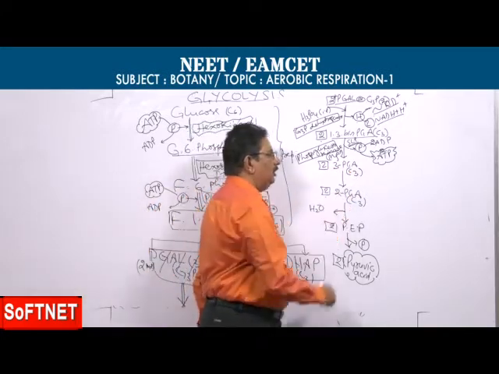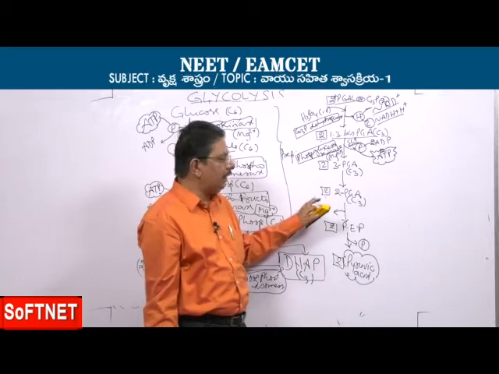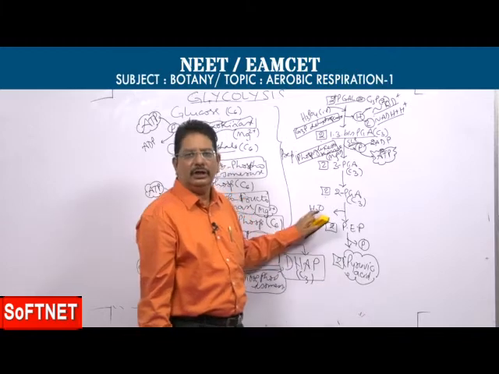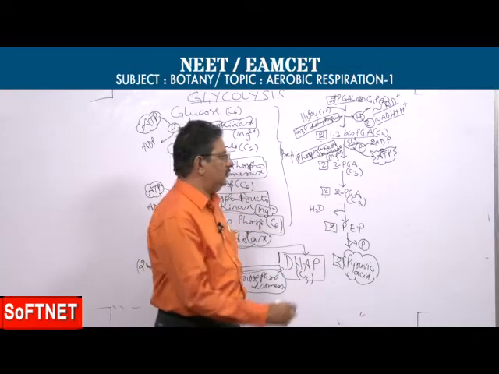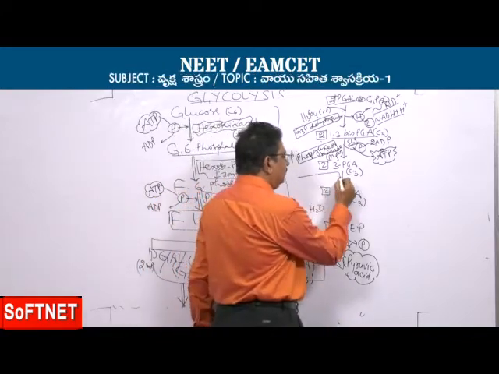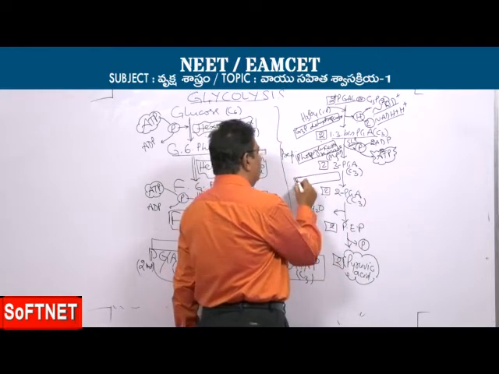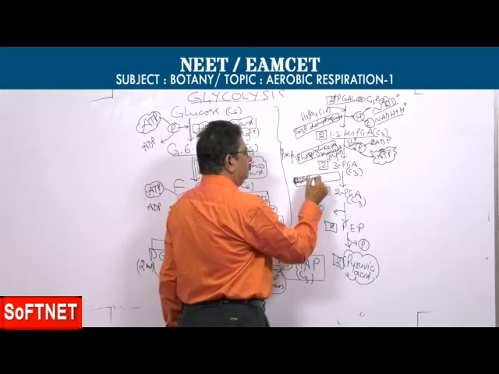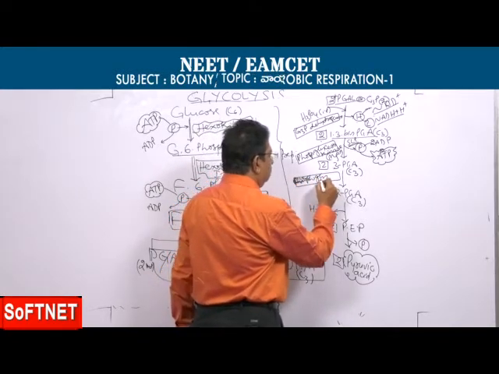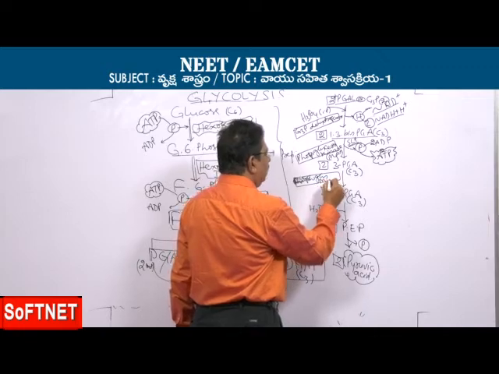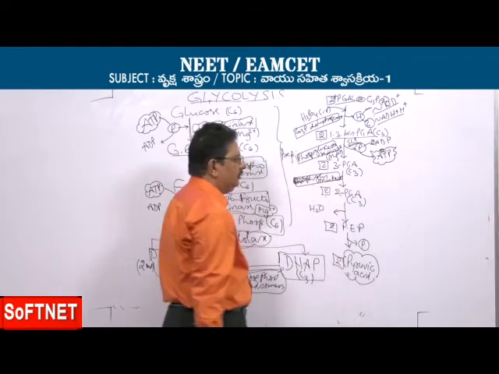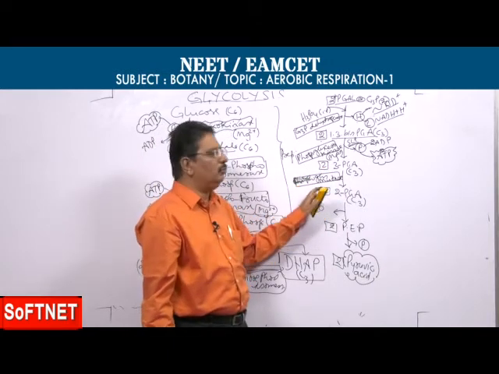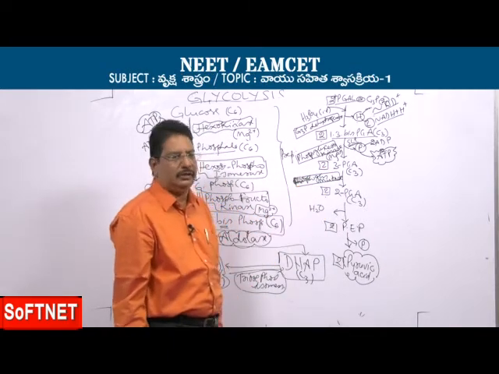So, it is an intramolecular group transfer, otherwise called the frame shift, catalyzed by an enzyme phosphoglyceromutase, where 3-PGA is converted into 2-PGA, a kind of isomerization.